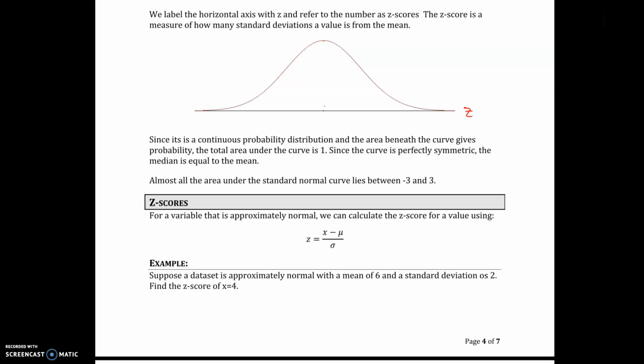So the mean is in the middle, and that's 0 standard deviations from itself. And then as we move to the left, just like moving on a numbered axis, we can have 1 standard deviation below, 2 standard deviations below, or 3 standard deviations below. We can have 1 standard deviation above, 2 standard deviations above, or 3 standard deviations above, okay?